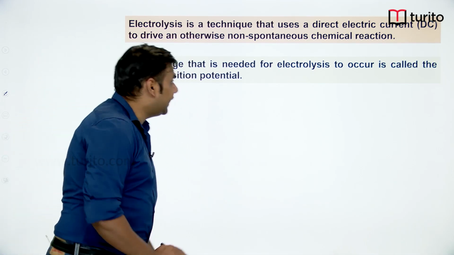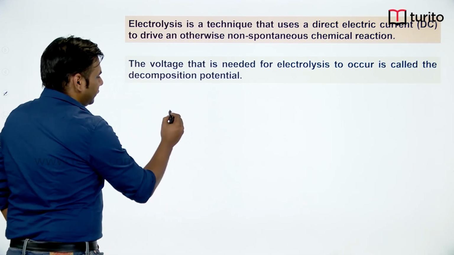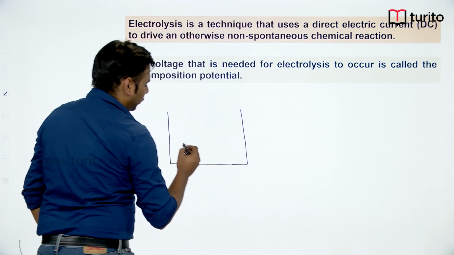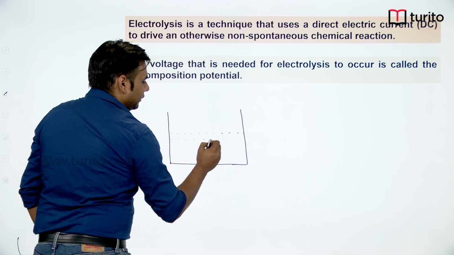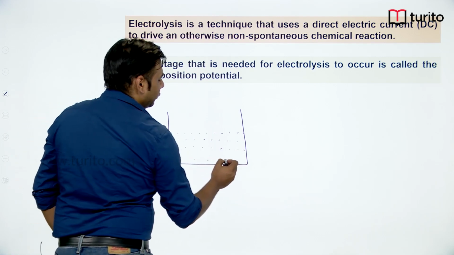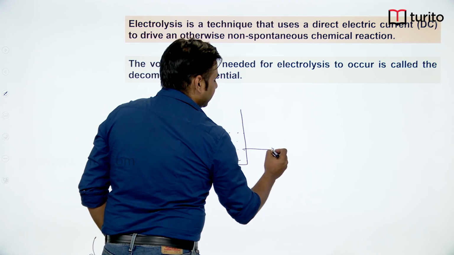Let me take an example so that you are able to understand this. Let me draw an electrolytic cell again. I have already told you, in an electrolytic cell there would be an aqueous solution or a molten solution. Suppose this is a molten solution, which contains an electrolyte AB.